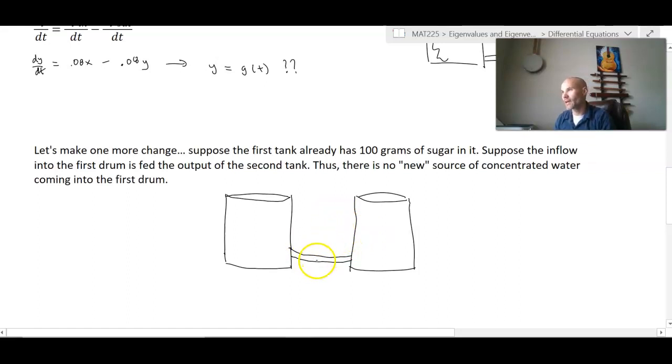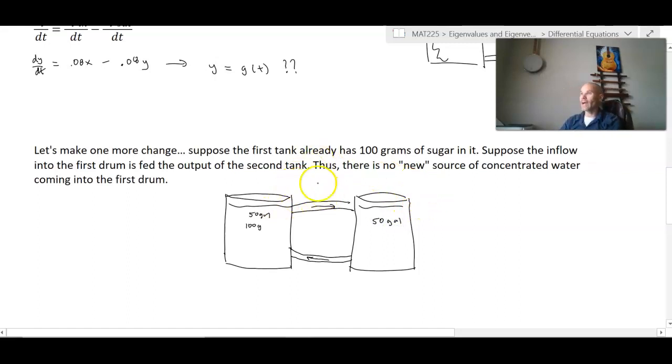So, in other words, let's imagine water going this way, and also the water flowing into tank 2. Water going this way. And we're going to assume that these 50 gallons already has 100 grams of sugar in it. Here we also have 50 gallons. We're assuming that's still the clean water.